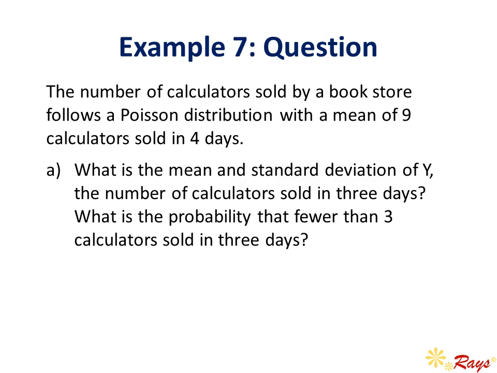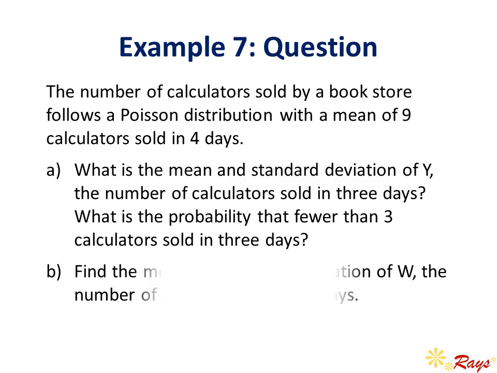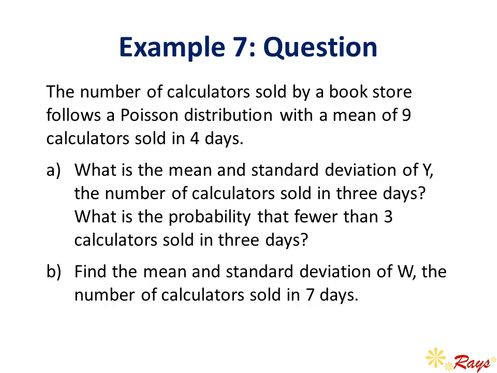And what is the probability that fewer than 3 calculators are sold in 3 days? B. Find the mean and standard deviation of W, which is the number of calculators sold in 7 days. The interval here is 4 days. So 9 here is the mean or lambda for 4 days.